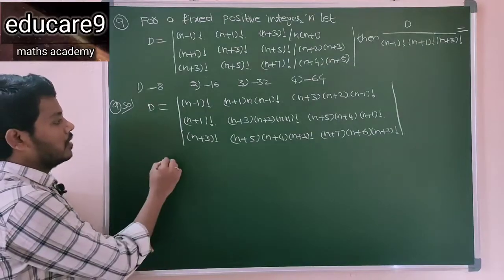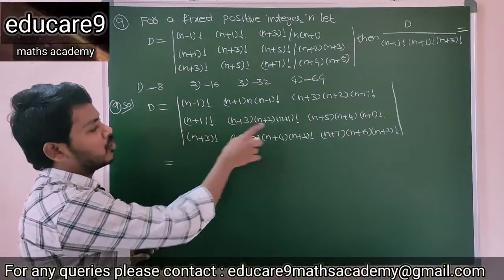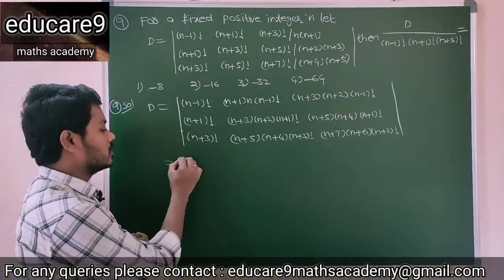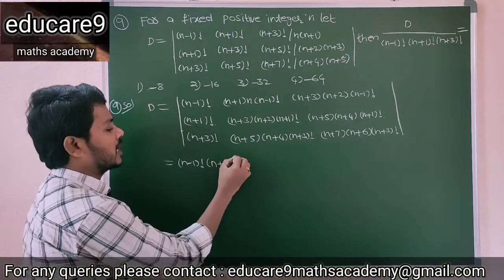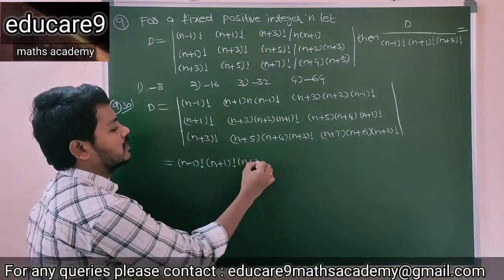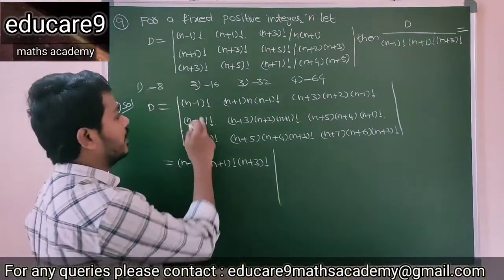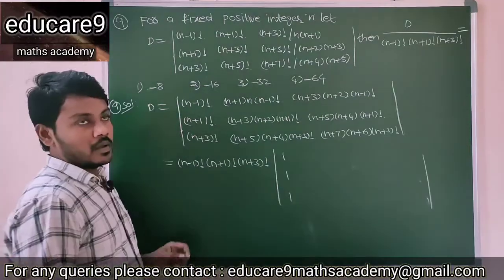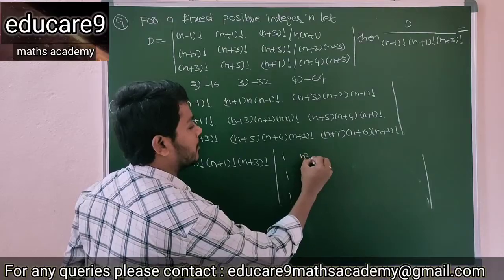Okay. Now from the first row (n-1) factorial, second row (n+1) factorial, third row (n+3) factorial is common. So you will get (n-1) factorial, next (n+1) factorial, next (n+3) factorial is common. So what is the remaining value? Here 1, next here also 1, 1. So now here n into (n+1) common, that is n square plus n.